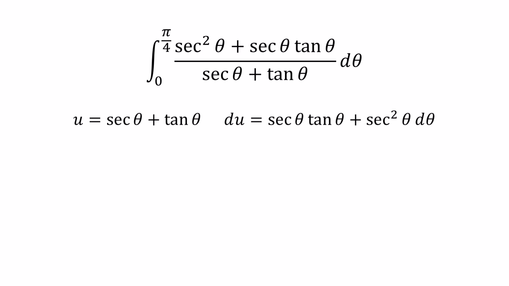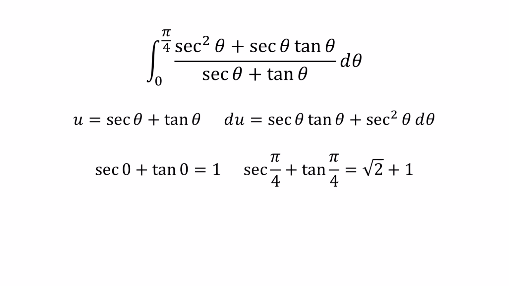Under the substitution, the new limits are secant of 0 plus tangent of 0 equals 1, and secant of pi over 4 plus tangent of pi over 4 equals root 2 plus 1.